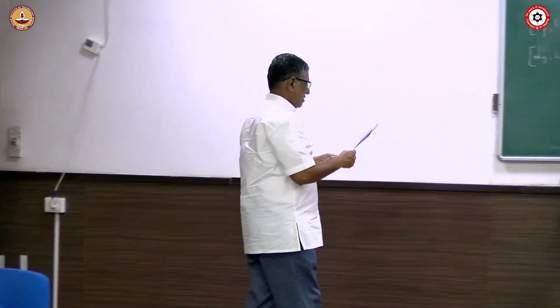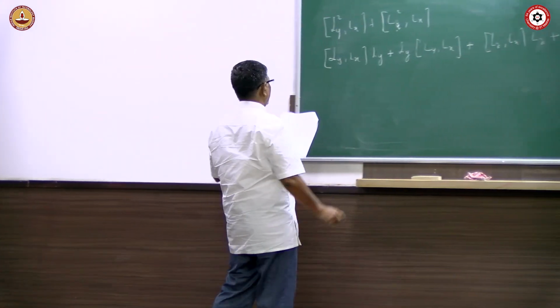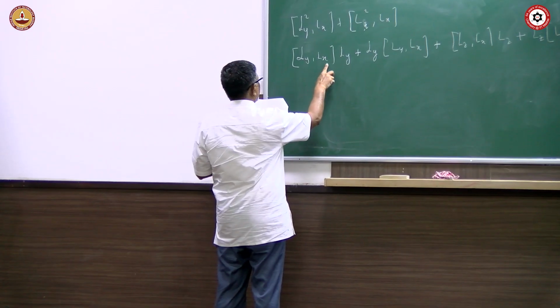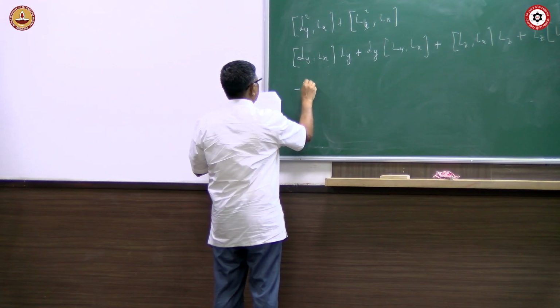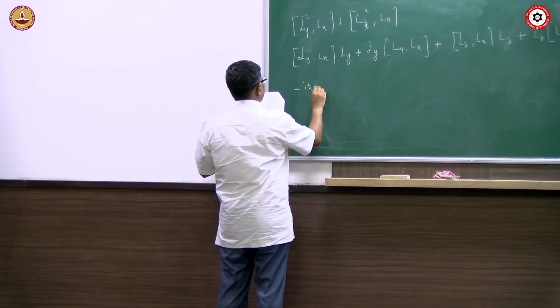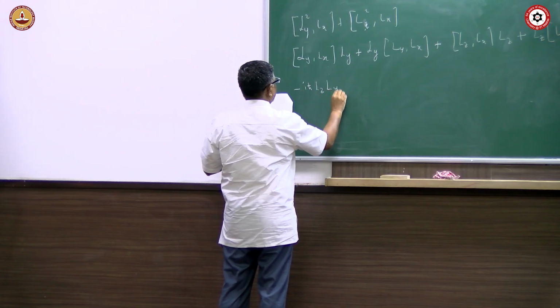We have already defined Lx comma Ly equal to iħ Lz. You can permute cyclically and you will get the commutators. Therefore, Lx comma Ly is iħ Lz, so Ly comma Lx is minus iħ Lz. Therefore this is minus iħ Lz Ly.